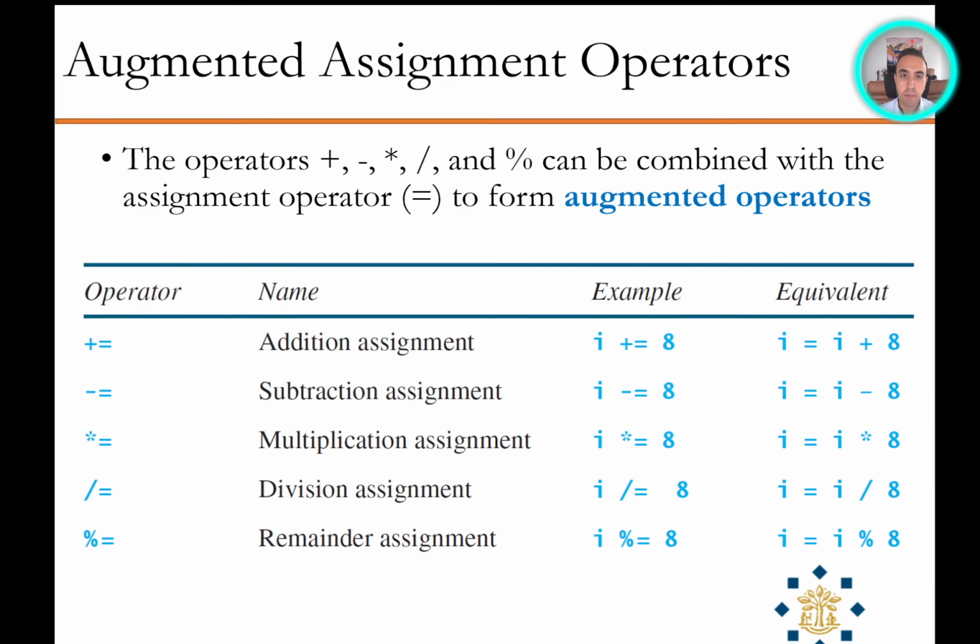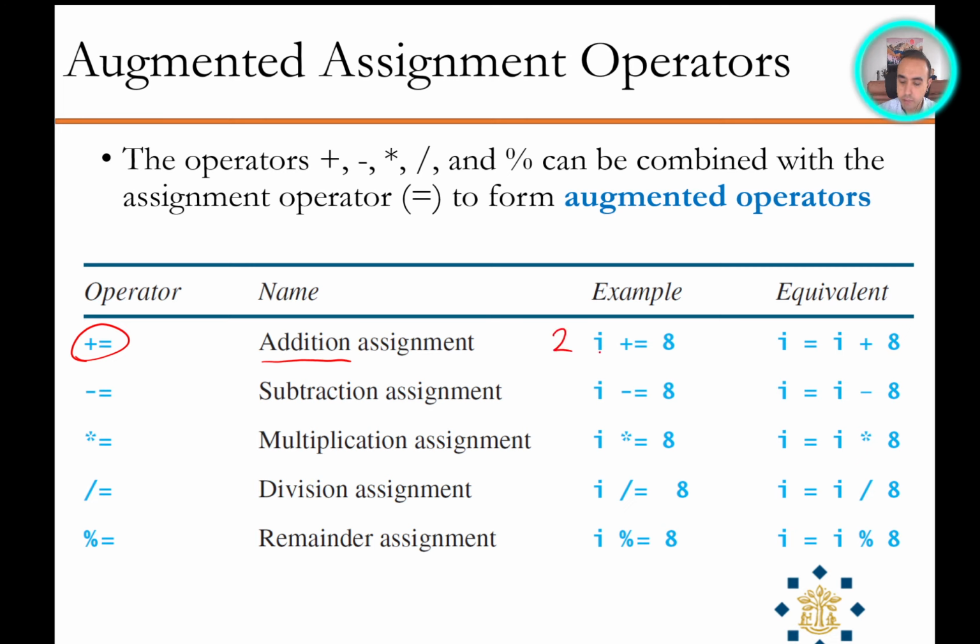And then we have augmented assignment operators. If you see plus equals, that is a special symbol. It means that it is an addition. For instance, if you see i plus equals 8, it is equivalent to i equals i plus 8, which means, in other words, assume i is 2.